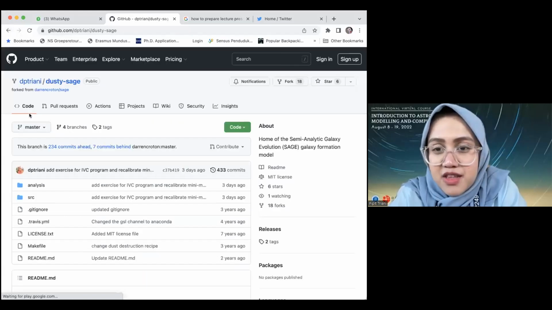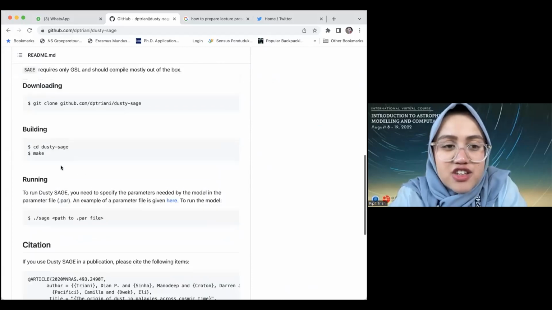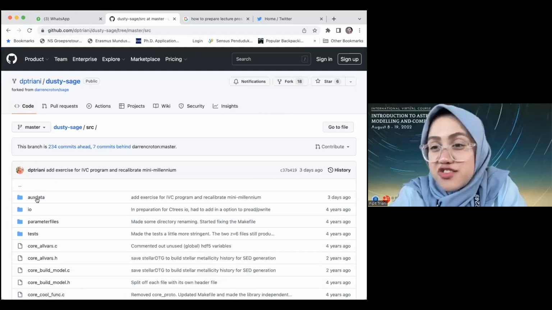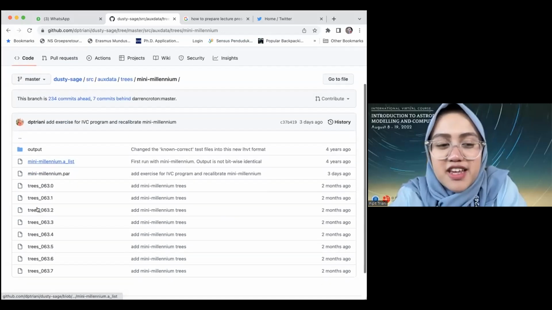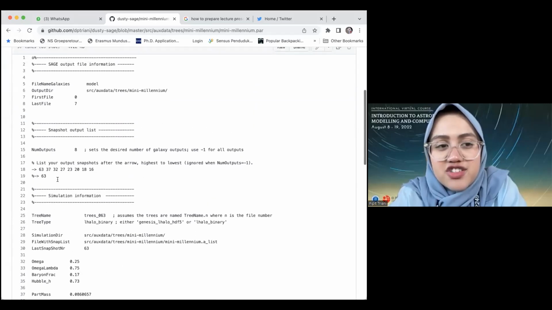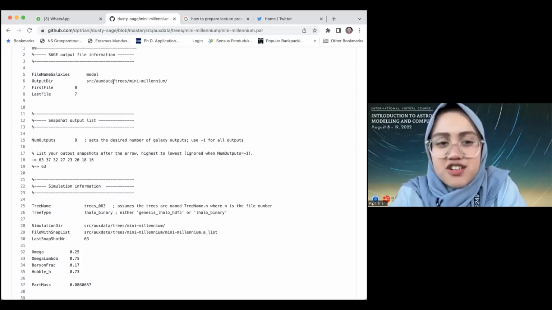Sorry, no worries. So after cd /sh, you need to open the src, aux data, and 3/mini millennium. There's this mini millennium.par where you can change the output directory. It will show you the src aux data 3/mini millennium.